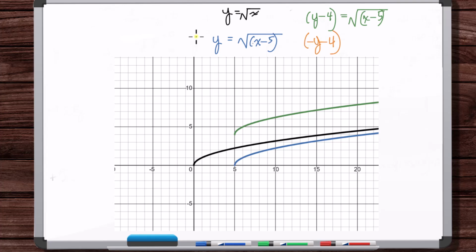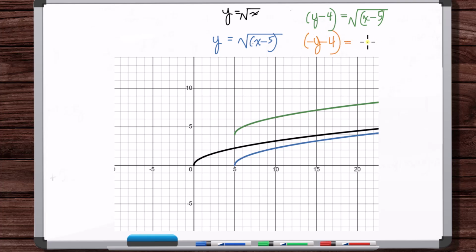Remember when we talked about the rules for flipping about an axis, you put the minus sign in front of the other variable. If you want to flip about the x-axis, you put the minus sign in front of the y variables. Well, if you want to flip about the original x-axis, then go to the y variable and put the minus sign right next to the y variable, not in front of the entire shifted term.